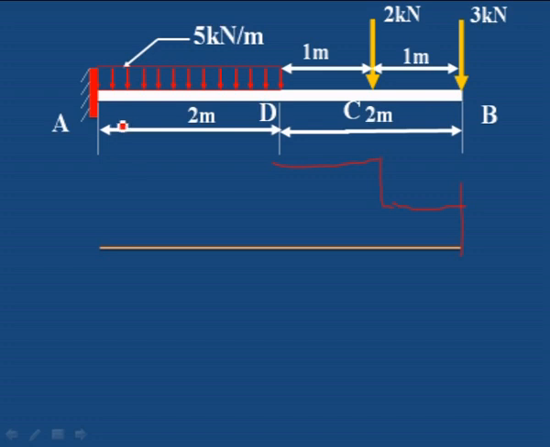And then from D to A it is an inclined line, and then join. Wherever there is a point load, there is a vertical line. Here one more vertical line for point load. No load, horizontal line. No load, horizontal line, and then the uniformly distributed load portion, where we have to draw the inclined line.